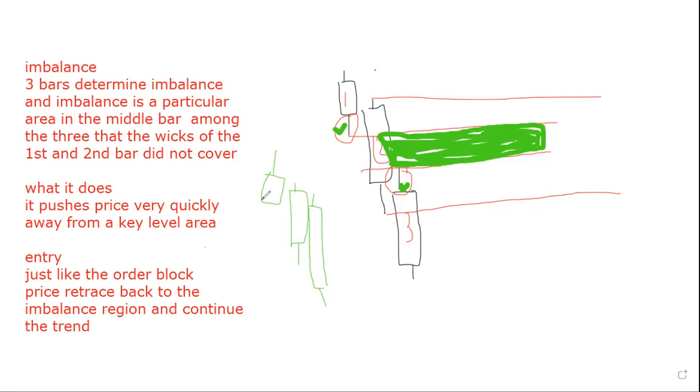When I say lock, the lower wick of the first bar and the upper wick of this third bar close every region of this second bar, right?